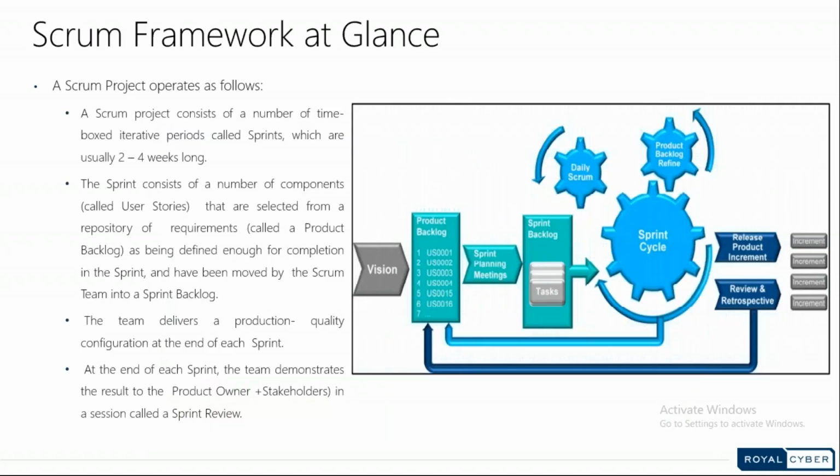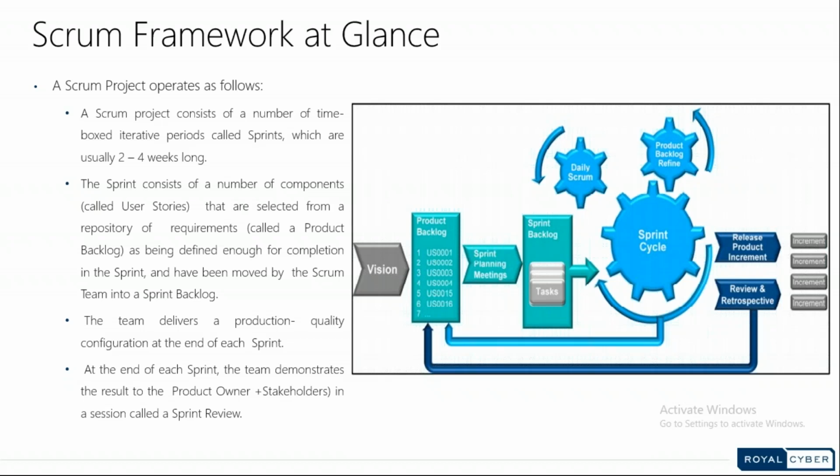Moving on to the next slide, this gives a brief introduction of how the framework works in Agile methodology. The picture gives you a glance of how the process works. A Scrum project is made of time-boxed iterative periods called sprints, and typically a sprint lasts 2 to 4 weeks.